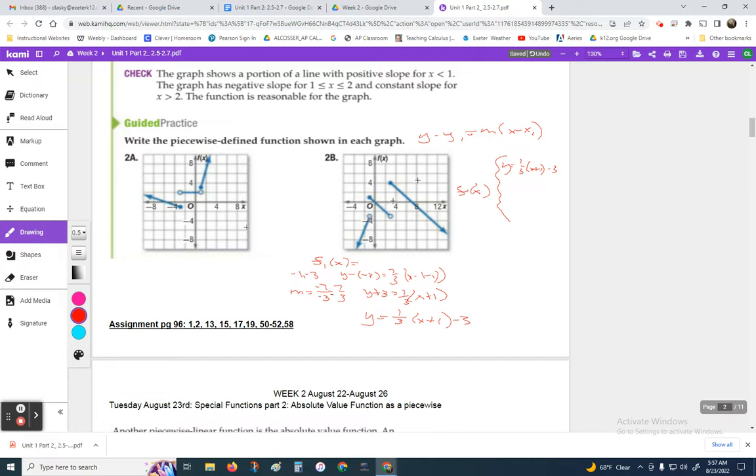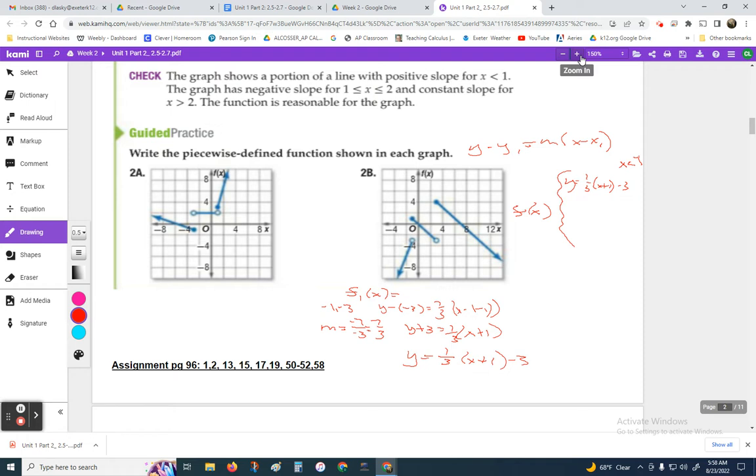If this is at -1, if x is less than -1. Okay? I wish this thing would let me write on the side. Be a lot easier. Okay, so that's how you come up with your first one.